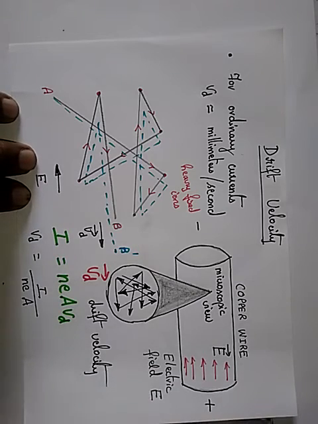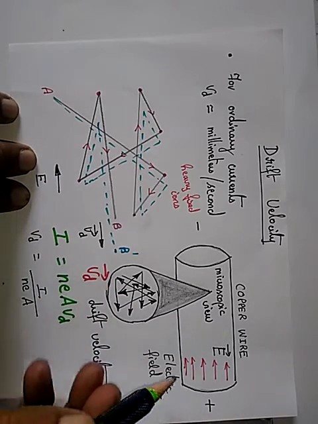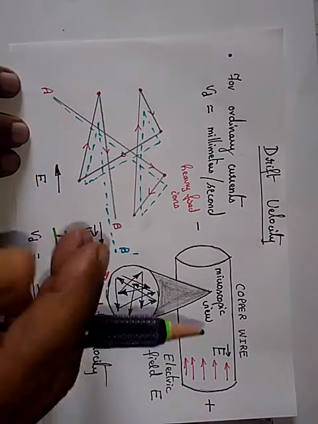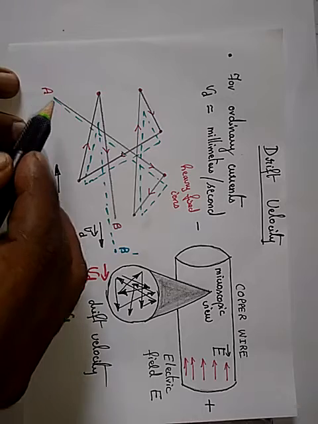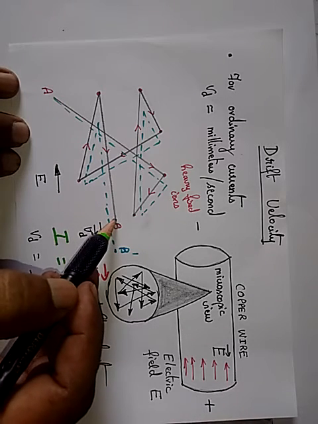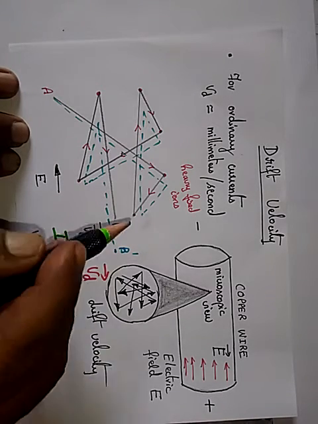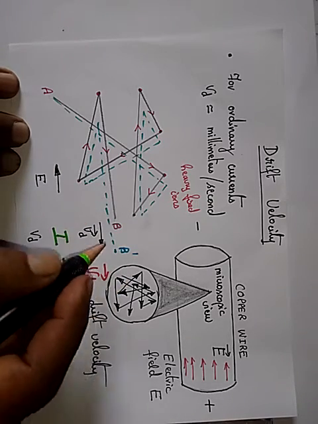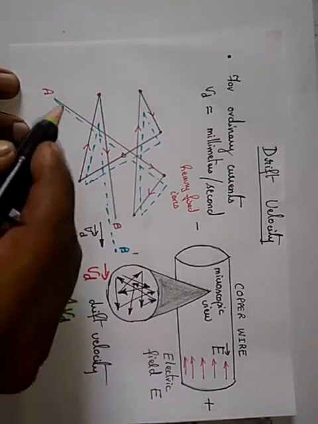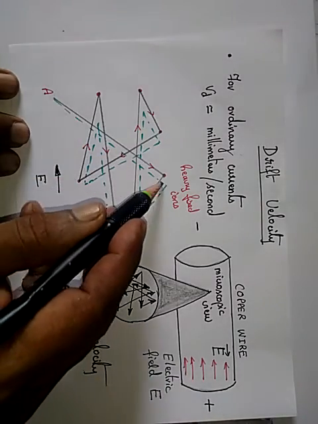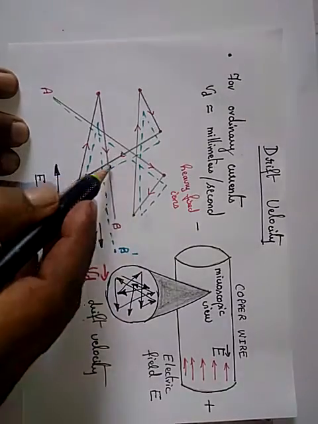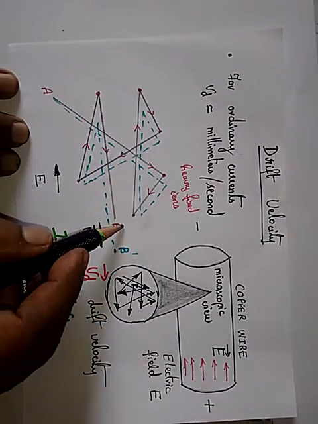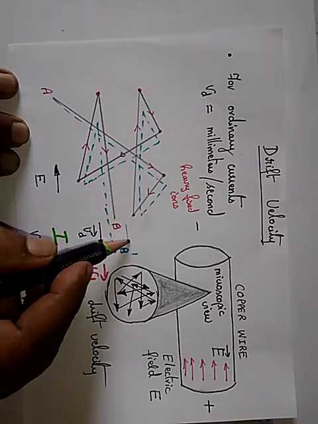Now the drift velocity, because of the electric field, what happens is, an electron moving from A to B ends up here. If an electric field is applied, the electron ends up at B dash. So if you give an electric field, you can see a small drift, these blue dotted lines, and finally it comes out here. That means from B it has moved to B dash.